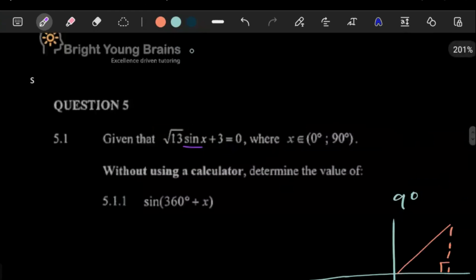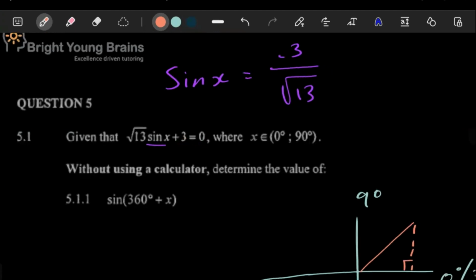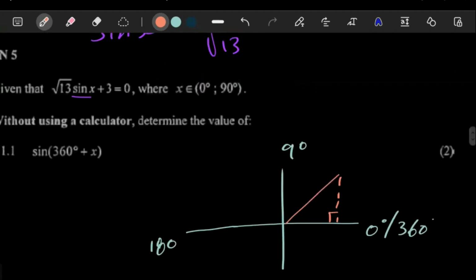So from here, we can move the 3 to the other side. You're going to have negative 3 over square root of 13 equals sine x. Already things are looking a bit weird, because if your 3 here is a plus, the moment you move it to the other side, it's going to be a negative.